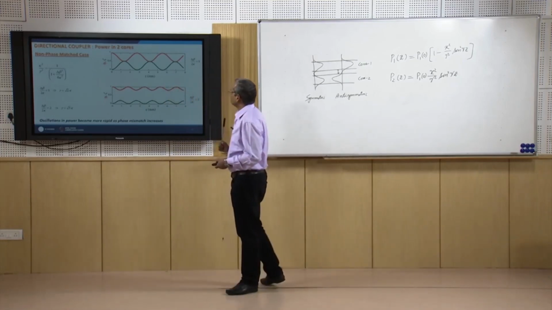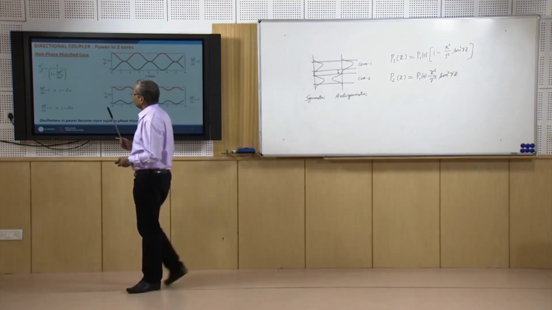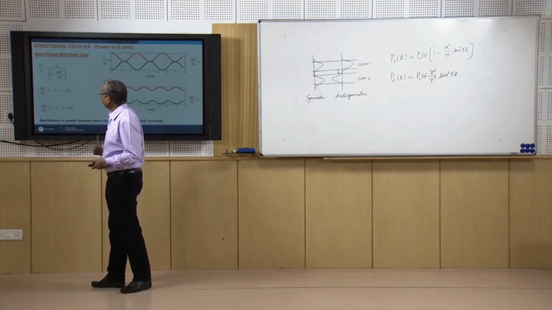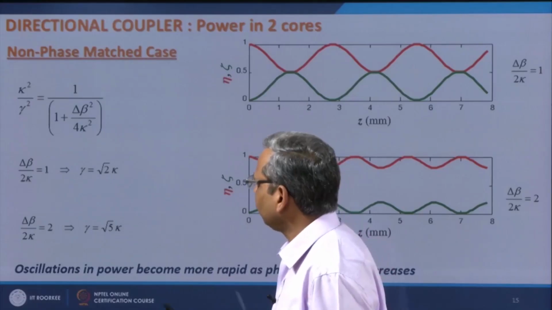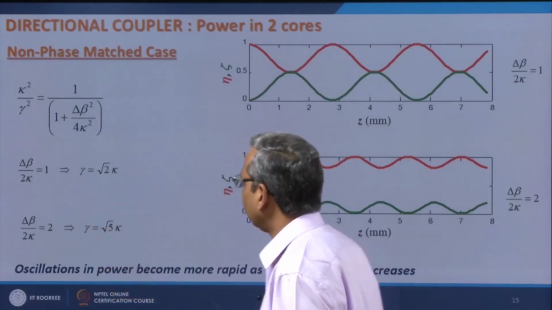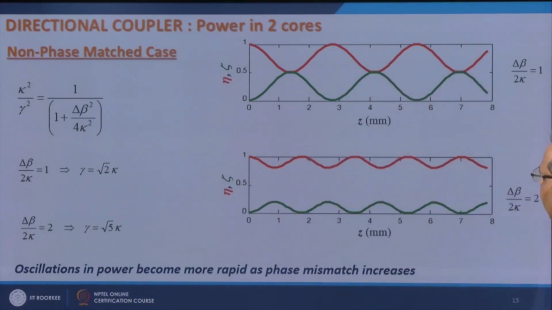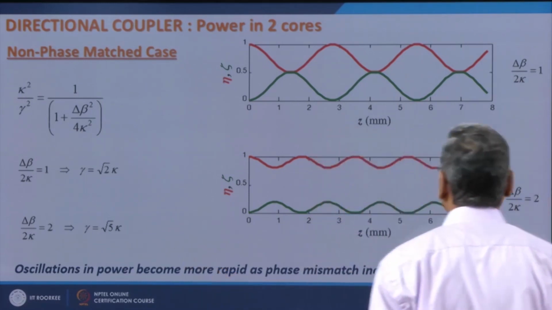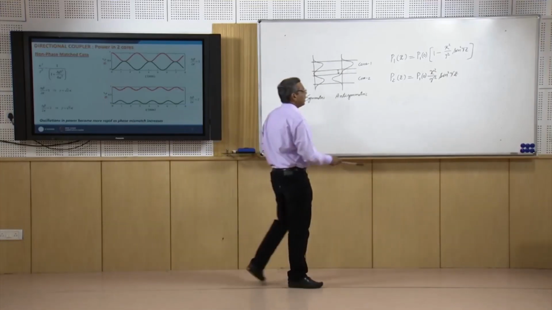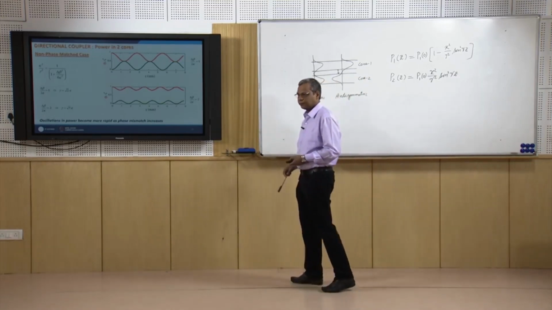Another thing that I see here is the value of gamma. Since kappa square over gamma square is this, and if I have delta beta over 2 kappa equal to 1, and this is how the power varies, then gamma is equal to square root 2 kappa, and this gamma basically tells you the spatial frequency of oscillation.